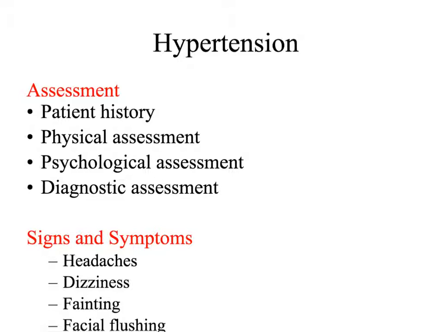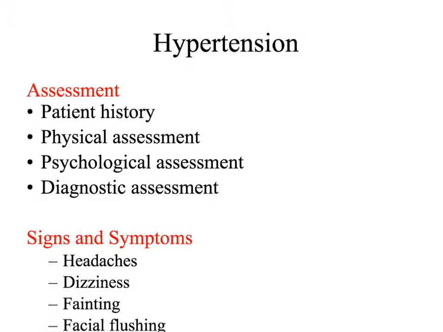Physical assessment. Of course, your blood pressure is going to be part of that, assessing the blood pressure and assessing the heart rate. One thing to look at is orthostatic hypotension. If someone is coming in with fainting or dizziness, it could be a symptom of orthostatic hypotension, which means that when a patient goes from a sitting to a standing position, they drop their pressure.